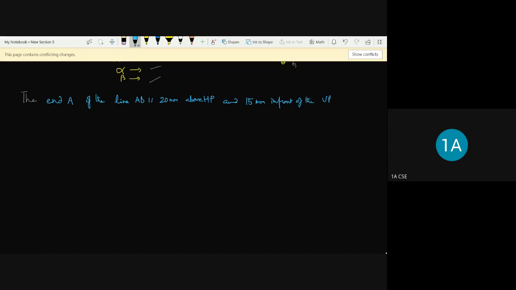Now, the distance between the ends A and B measured parallel to the reference line. Reference line is nothing but here it is XY line.